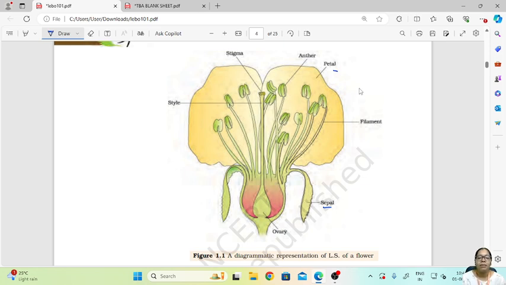Then you have the male reproductive part, that is the anther and the filament, and the female reproductive part, that is the stigma, style and ovary. So we will study in detail about the male and the female parts separately now. So this was about the structure of the flower. Now we will see how the structure of the male and female parts is.